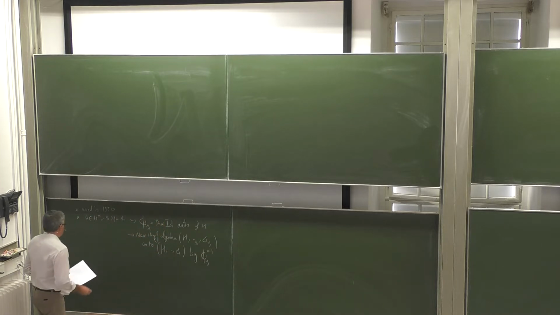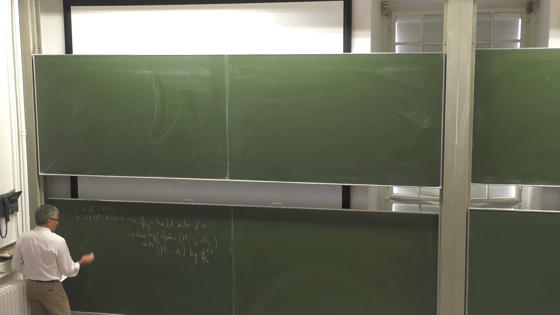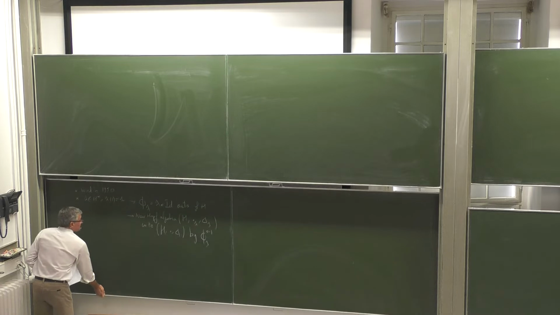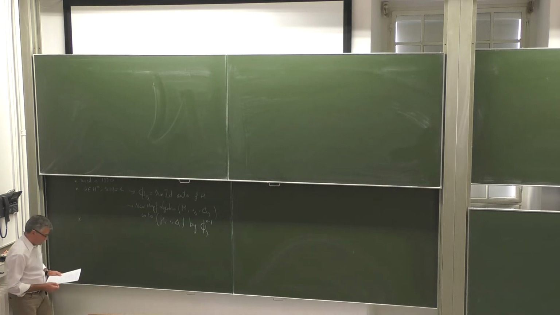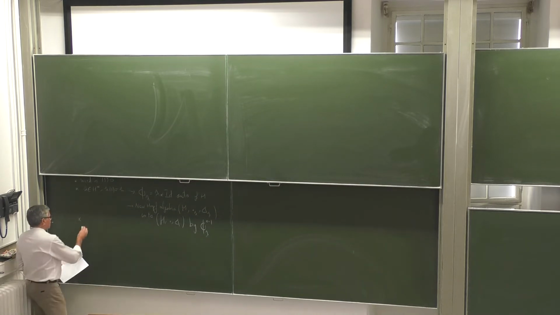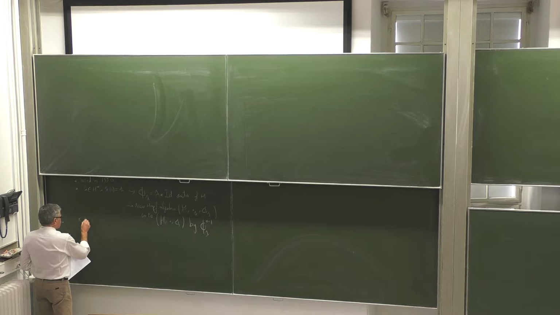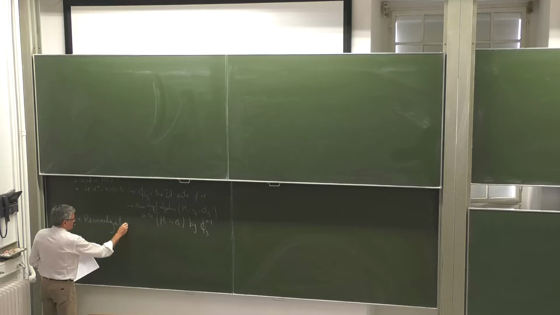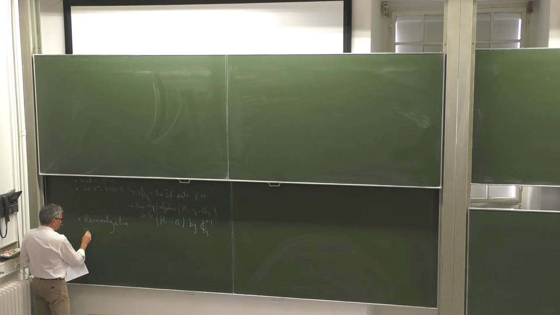Okay, and then I gave an application to show the ubiquity of what I would like to call Wick calculus, and the application was to standard renormalization. I gave the example of multiplicative renormalization.